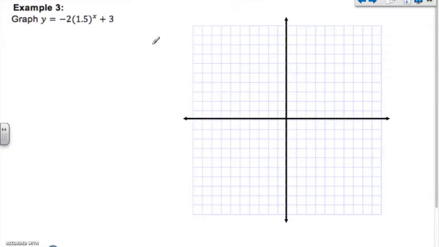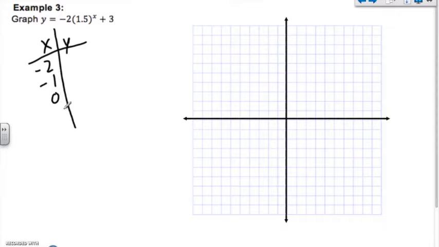Alright, so our table did not get copied onto here, so I will go ahead and fill one out for us real quick. If we have x and y, we're going to start with those same values, -2, -1, 0, 1, 2, and 3.